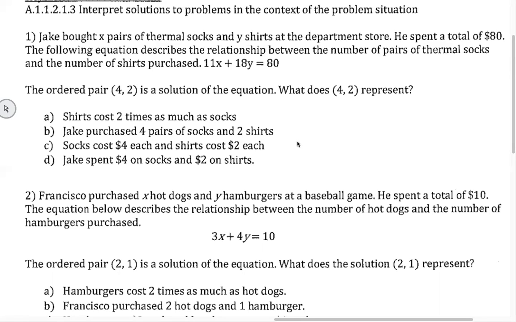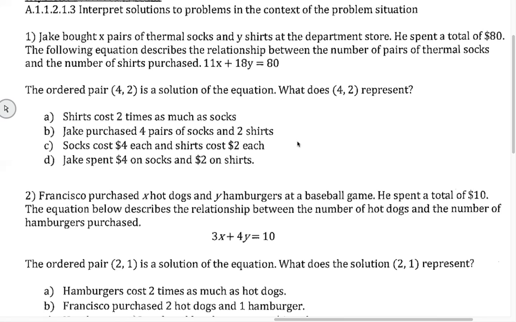So this isn't really asking me to do much. It's asking me to understand the problem. So Nate, in this problem, I have a lot of information. I have that thermal socks cost $11 per pair. How do I know that? Well, 80 is talking about cost. It's talking about price.